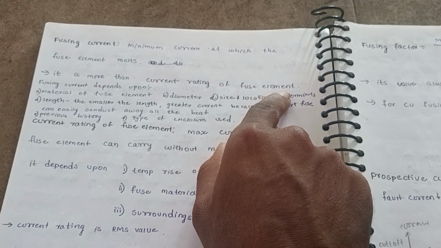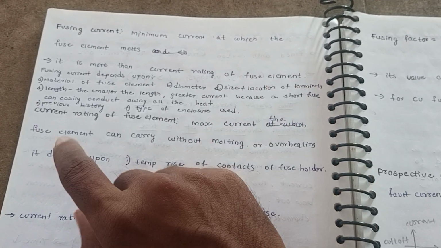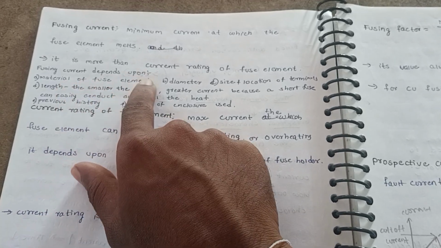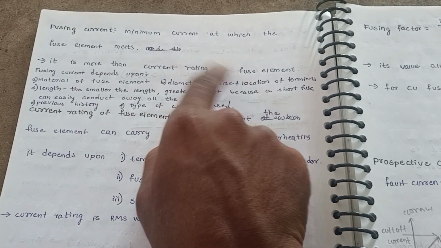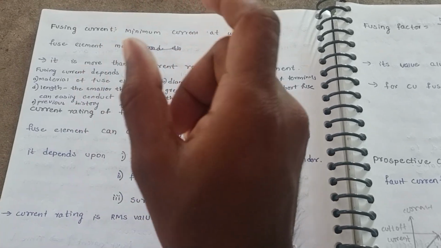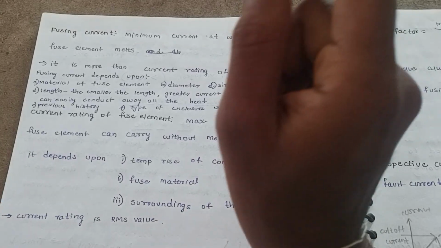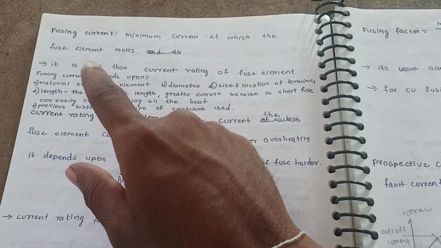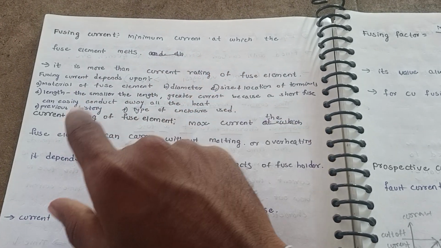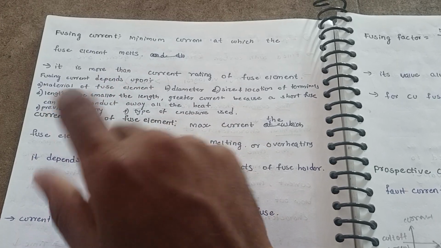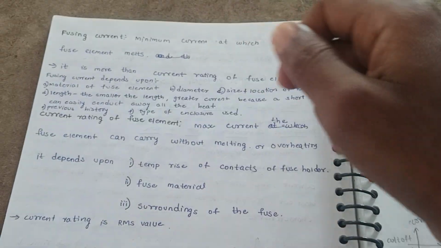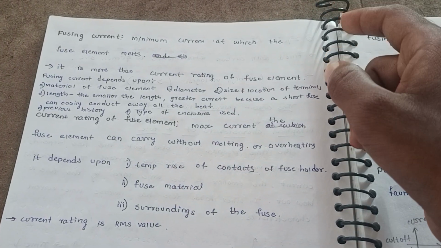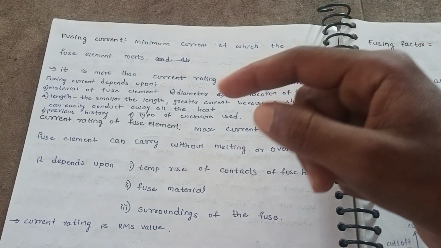As the current rating is approximately 20 amps, the fusing current may be greater than the current rating of the fuse element. The fusing current depends upon the material of the fuse element, the diameter of the wire, the size and location of the terminals.